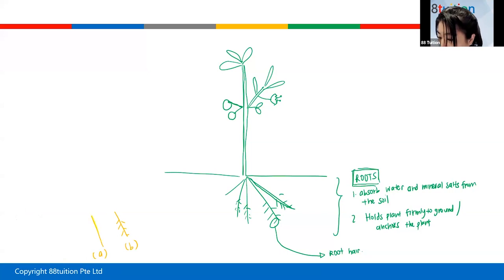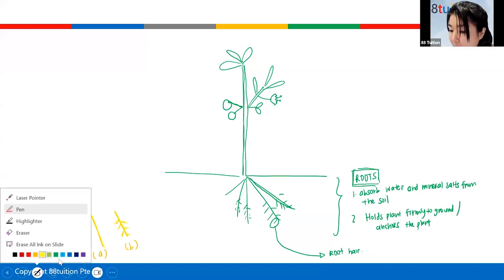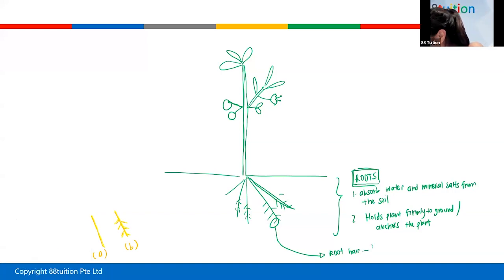Scientifically, the word to use is it has a larger exposed what? Surface area. Very good. So the root hair increases the exposed surface area of the roots so the plant can take in more what?